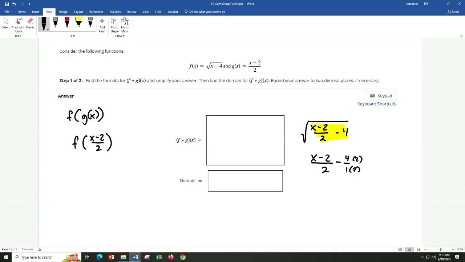Multiply by 2, multiply by 2. Then I get x minus 2 minus 8 all over 2. Hey, 2 minus 8 is what? Negative 6. Sorry, say it again. Negative 6. Negative 2 minus 8. Negative 10. Thank you.